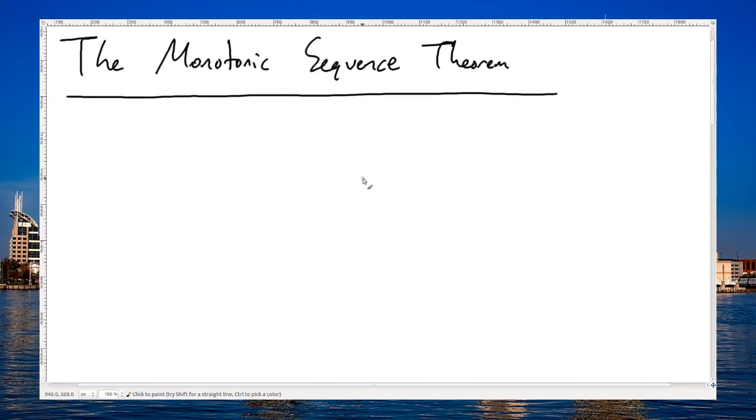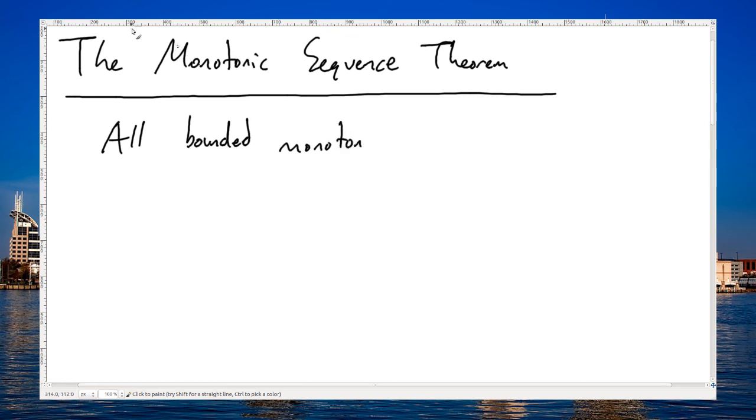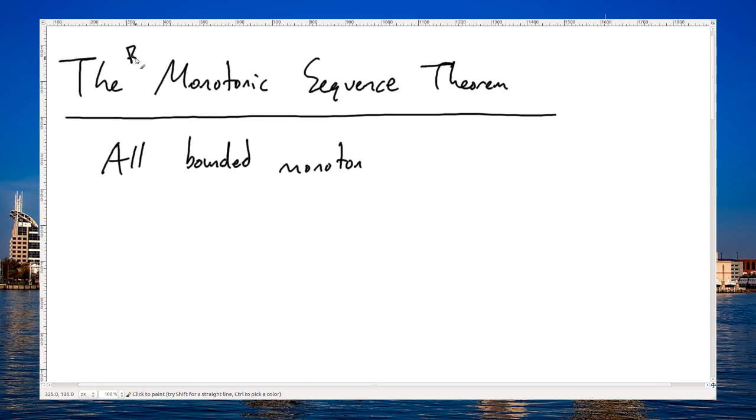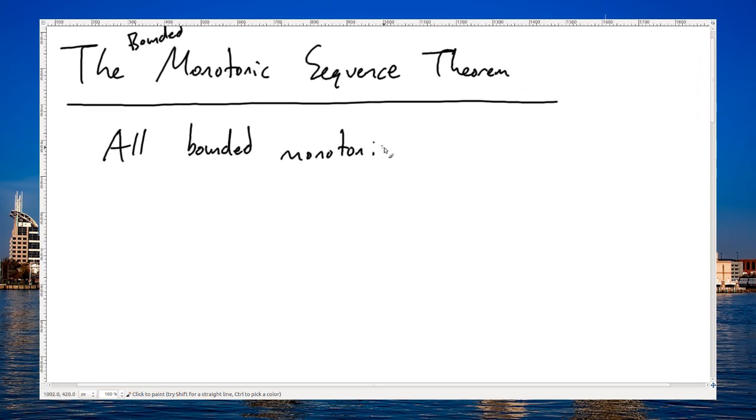And this is kind of the punchline for this whole chat here, because all of these sequences converge. That's all bounded, monotonic, so it has to have both properties, not just monotonic. Probably should have called it the bounded monotonic sequence theorem. But all bounded monotonic sequences converge.